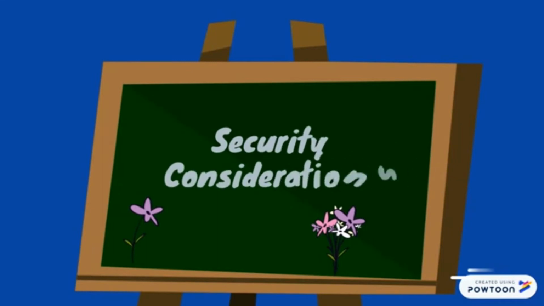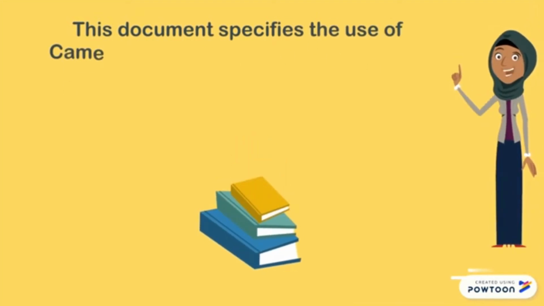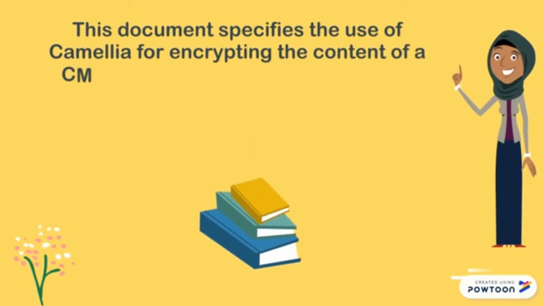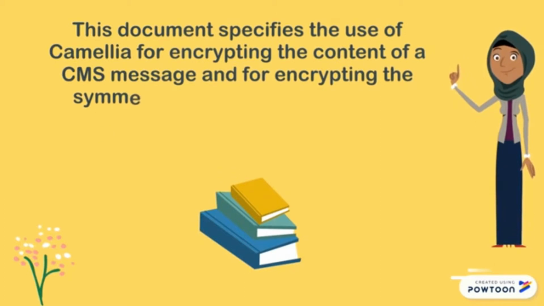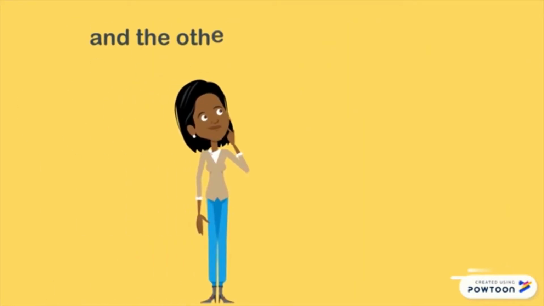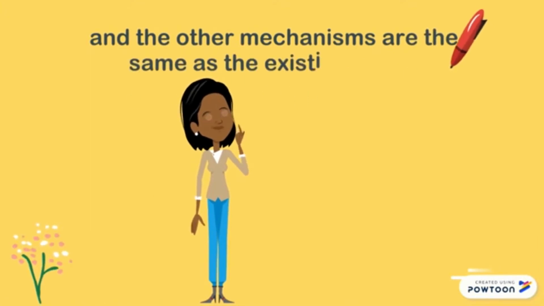Security considerations. This document specifies the use of Camellia for encrypting the content of a CMS message and for encrypting the symmetric key used to encrypt the content of a CMS message, and the other mechanisms are the same as the existing one.